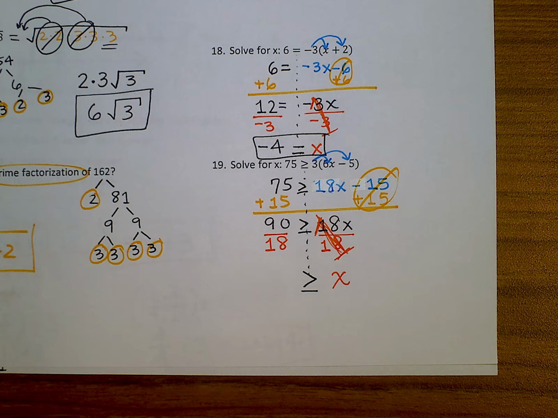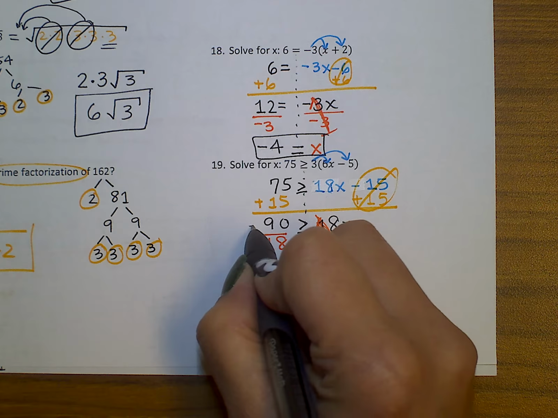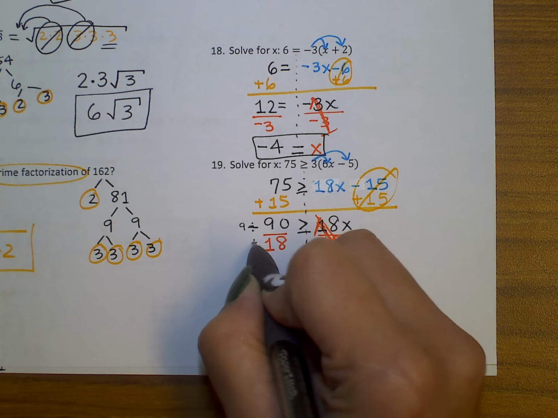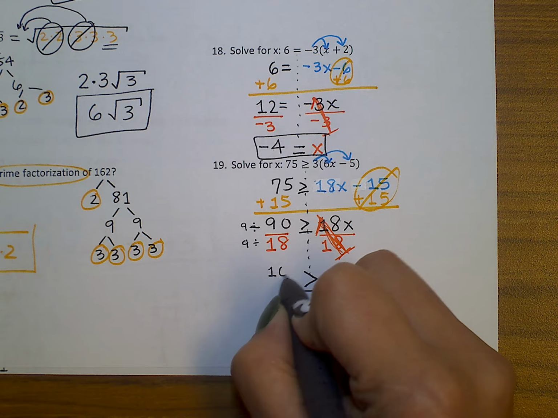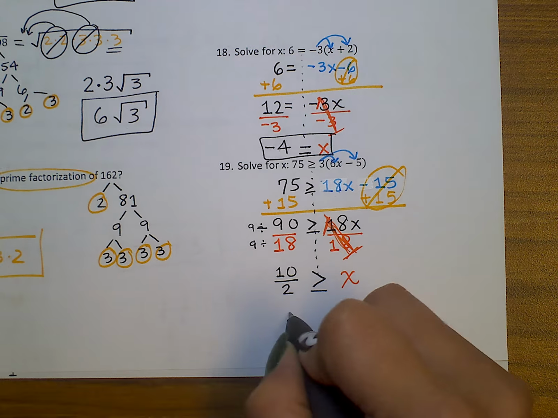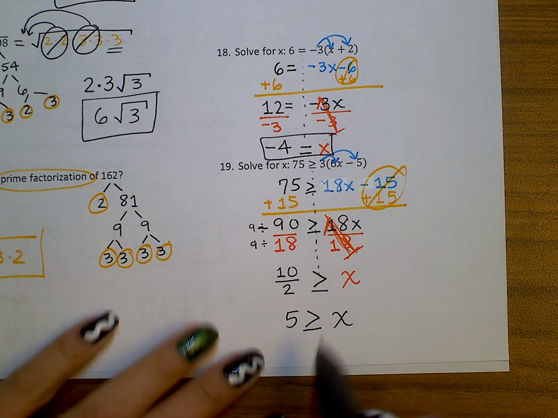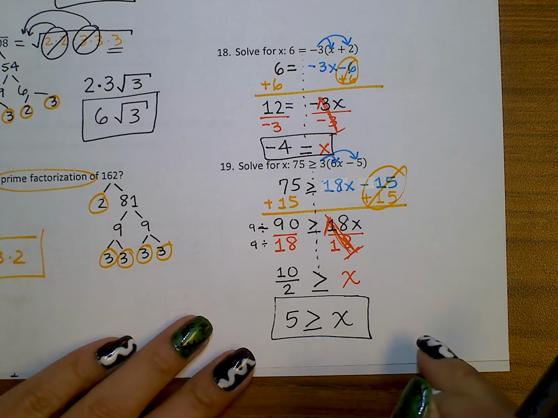Now, I would imagine that this one is a bigger number to deal with, so I do notice that 9 goes into both. So I'm going to go ahead and divide both of these by 9. That would give me 10 over 2, which of course is 5. Now, you can leave your answer like this.